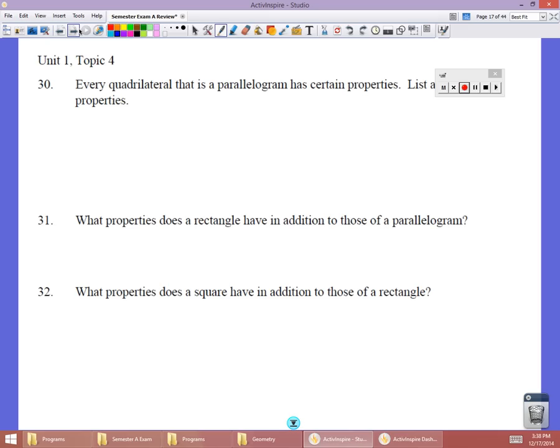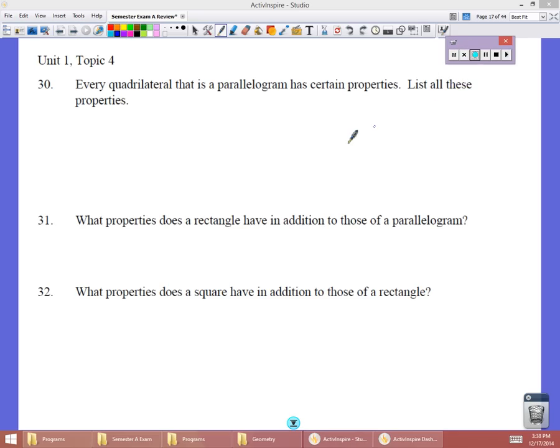Okay, so for problem number 30, it says every quadrilateral that is a parallelogram has certain properties. And so it says list all these properties. So we want to list them out. And so the first thing it may help us to do is to actually draw a parallelogram. So I'm going to draw one of those out.